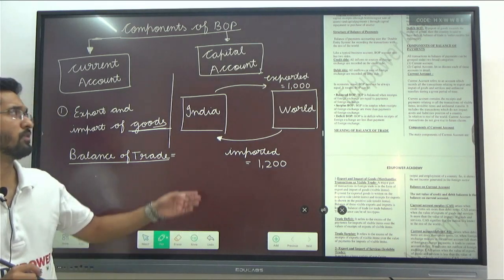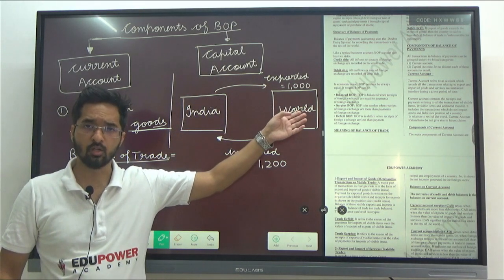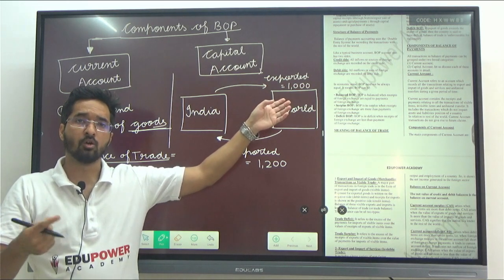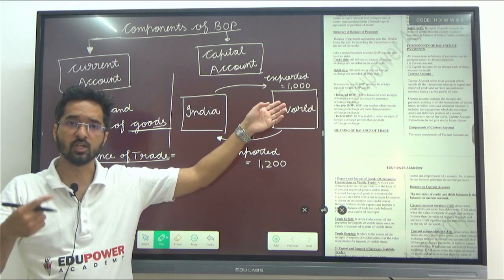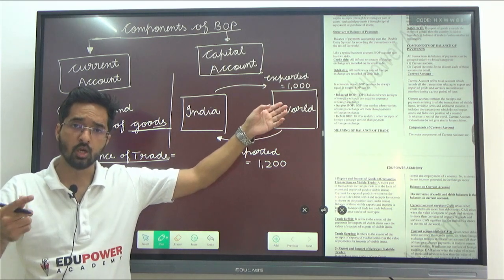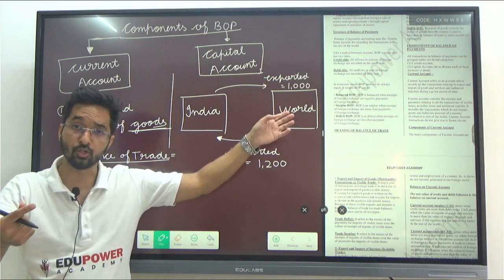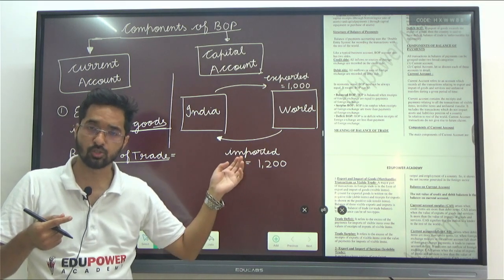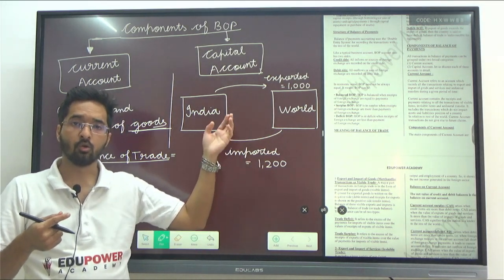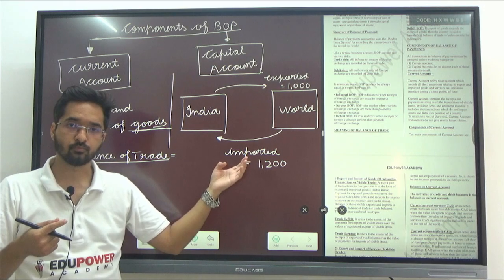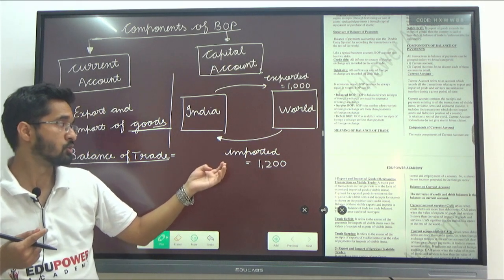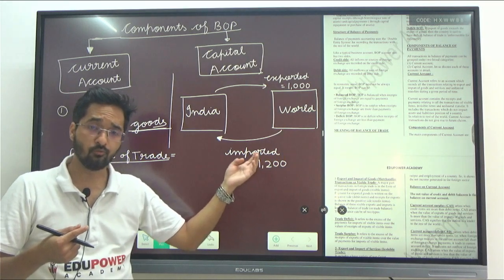So, we export various kinds of things to the rest of the world. We have already discussed that we export all the raw material. We export cotton, we export jute, we export rice, we export wheat, we export fruits, and what do we import? We import the finished goods, we import electronics, we import cars, we import phones, we import gold, we import oil.